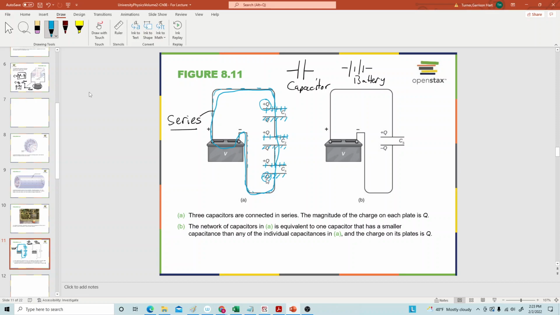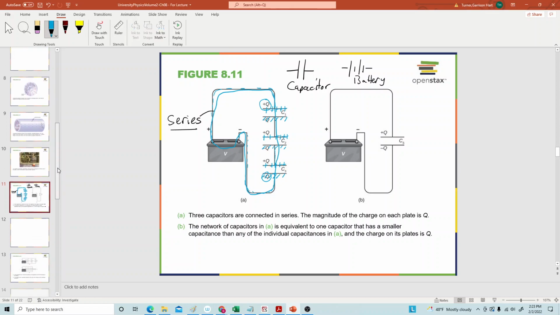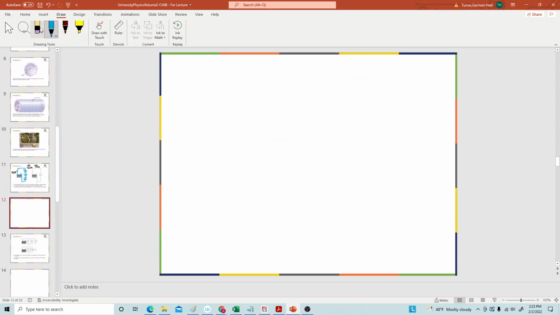So how do we analyze the capacitors that are in series? Let's look at this in a little bit of detail. To start, we'll just talk about two capacitors. So if I have a battery, and let's move this up because I'll use the space to draw, and two capacitors, for the moment I'll just label them generically C1 and C2.